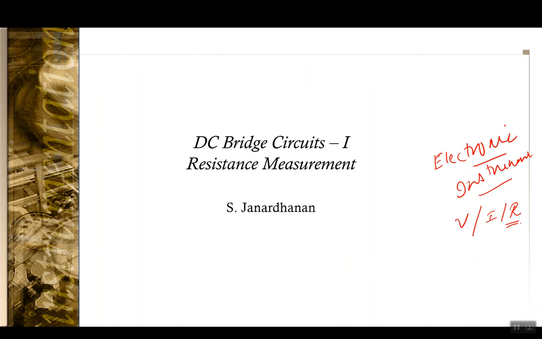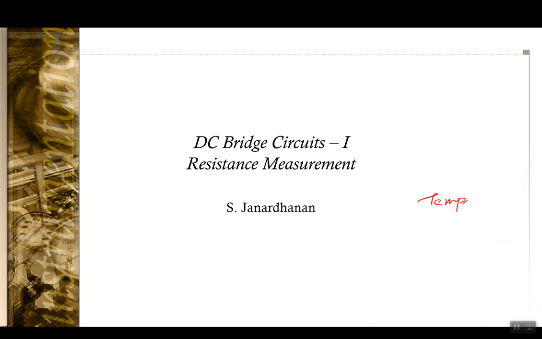However, we have also seen that most of these measurement devices had this problem of being sensitive to environment. And what do you mean by sensitive to environment? Mostly temperature sensitivity.